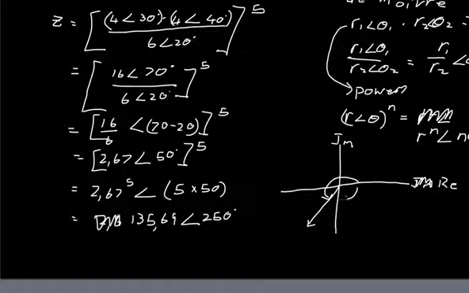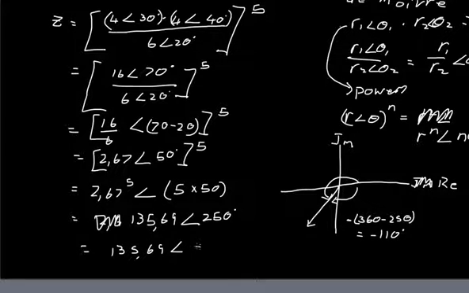You'll note that this angle here is 360 minus 250, and this angle is negative because we're measuring it in the clockwise direction. 360 minus 250 is 110, so that's minus 110 degrees. So we can also express this number as 135.69 angle minus 110 degrees. Okay, and there you have it. There's your answer to question 5.